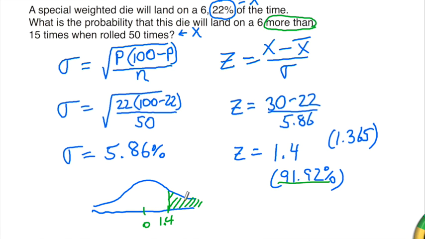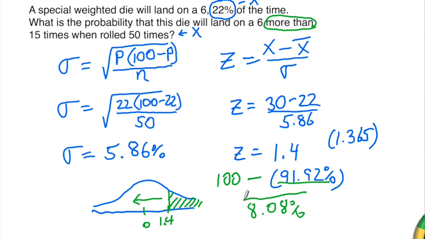But percentiles only work towards the left. So the final answer is going to have to be the 100%, the whole curve, minus that bottom part to give us our top part. So this would be 100 minus 91.92 for a grand total of 8.08% of the time.